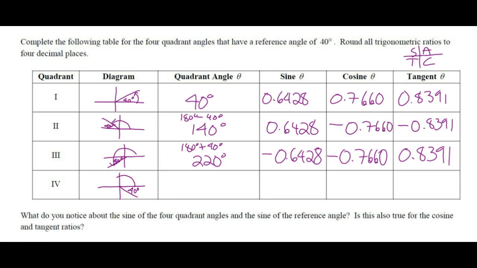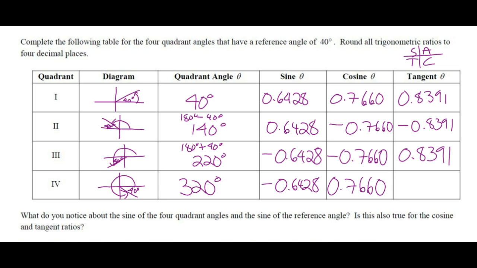40 degrees. Reference angle of 40. What's the rotation angle or the quadrant angle? 320 degrees. What's the sine of 320 degrees? Negative 0.6428. What's the cosine of 320? 0.7660, positive.